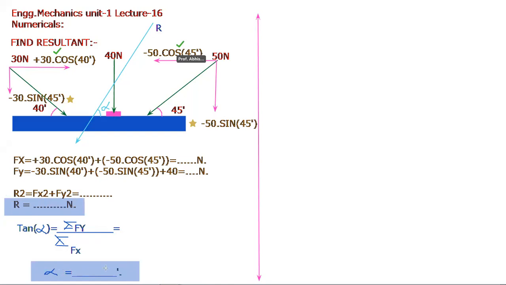After getting this alpha, you are able to decide in which quadrant the resultant will lie.